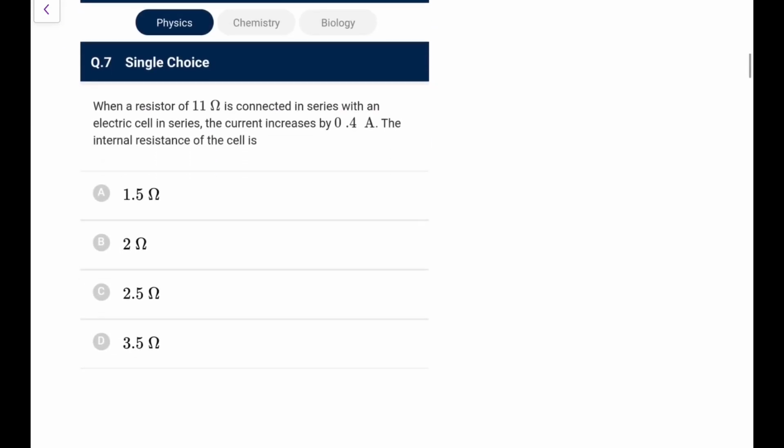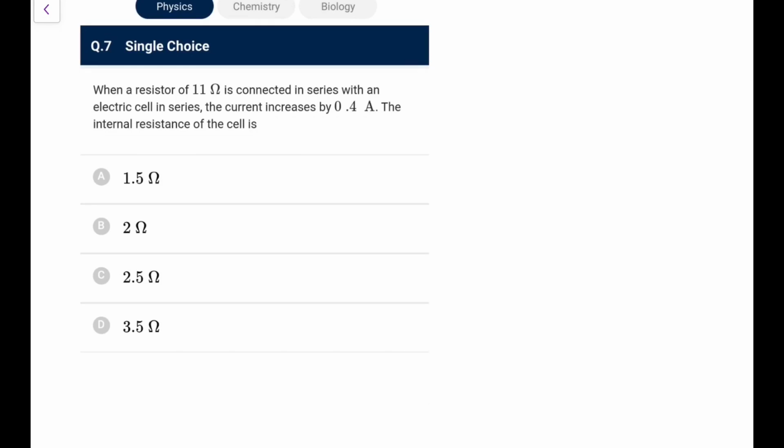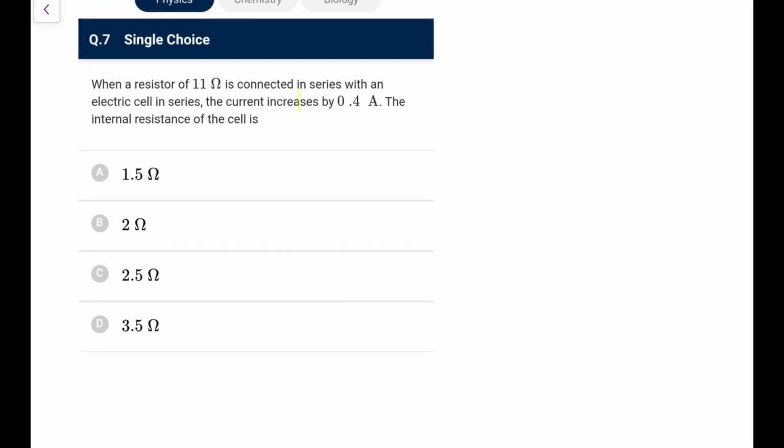Next, when a resistor of 11 ohm is connected in series with an electrical cell, the current increases by 0.5 ampere. The internal resistance of the cell is. So when resistor is connected, the current increases by 0.4 ampere. The internal resistance of the cell is going to be. So I think there should be some issue in it.